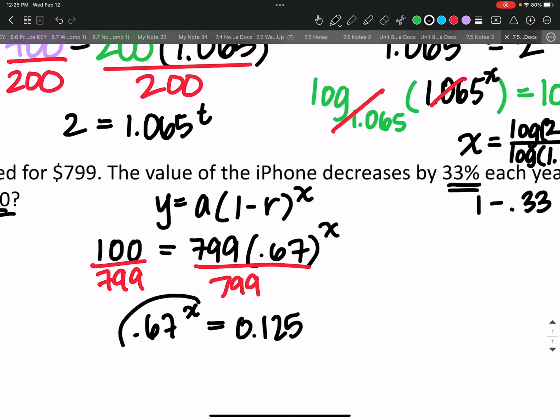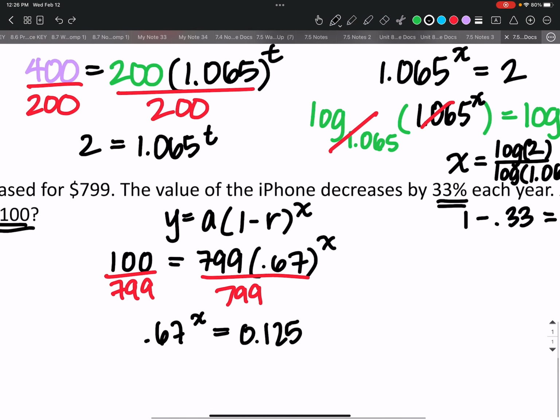I want to undo this exponential on the left-hand side, this base of 0.67, so I could get the x by itself, and in order to do that, I have to take the log base 0.67 of this side, and I have to do the same thing on the other side. So I'm gonna rewrite this like this.